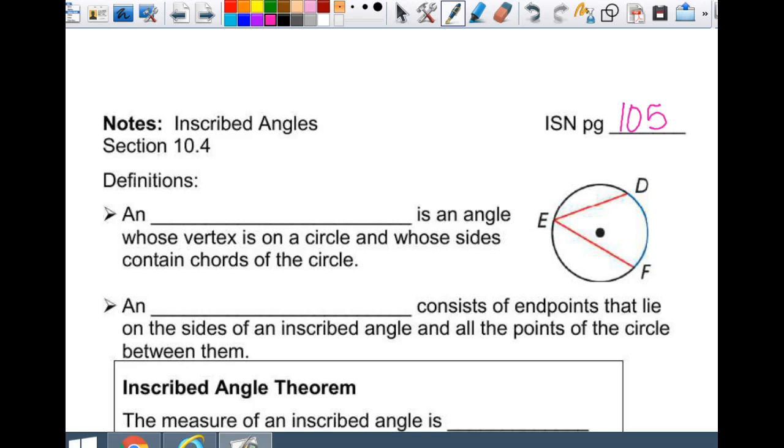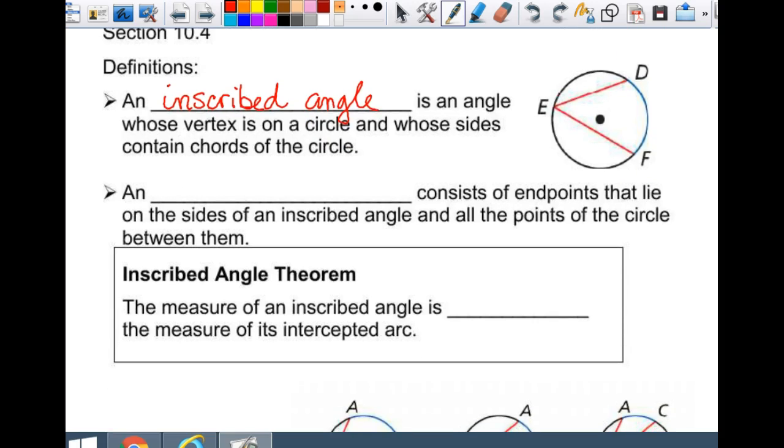All right, so our first definition: an inscribed angle is an angle whose vertex is on the circle and whose sides contain chords. So it can't just be on the circle and pointing out, but here's my vertex.